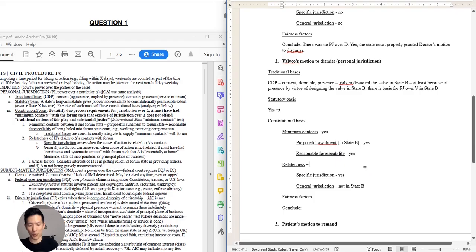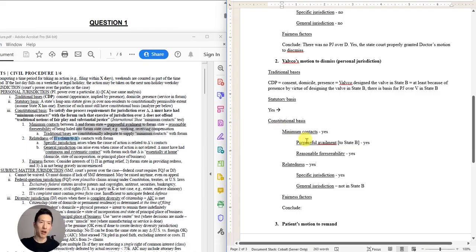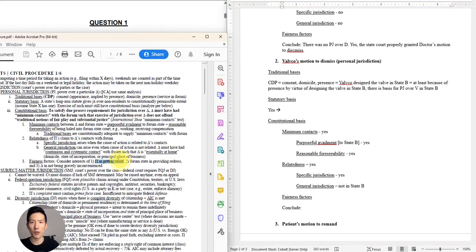But ultimately, we are seeing that there is relatedness of the patient's claim to the contacts of Valveco with state B. So far we have minimum contacts and relatedness. So now, would it be fair to have this trial in state B? Again, we want the patient to get relief. The forum state is probably interested in providing that redress.